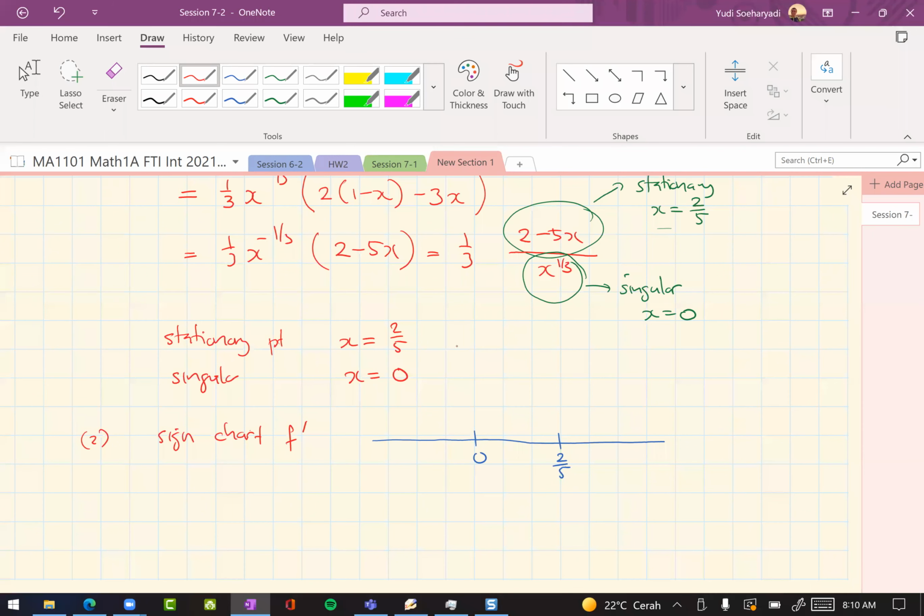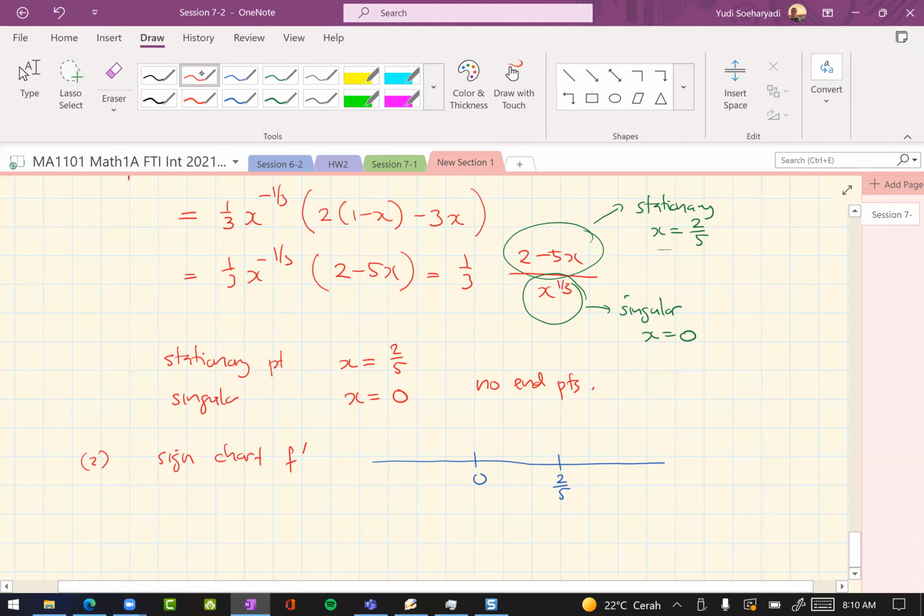I should mention also, no endpoints. Let's check the sign here. This is negative.